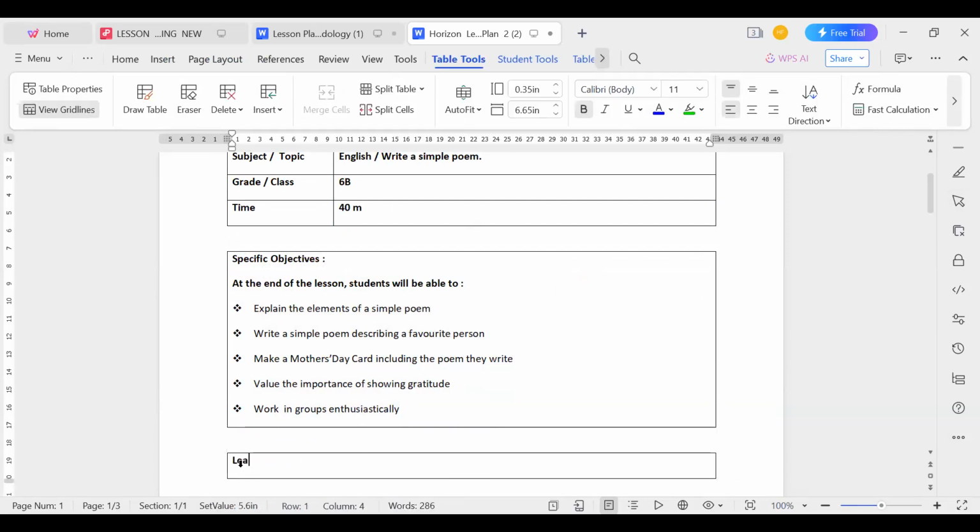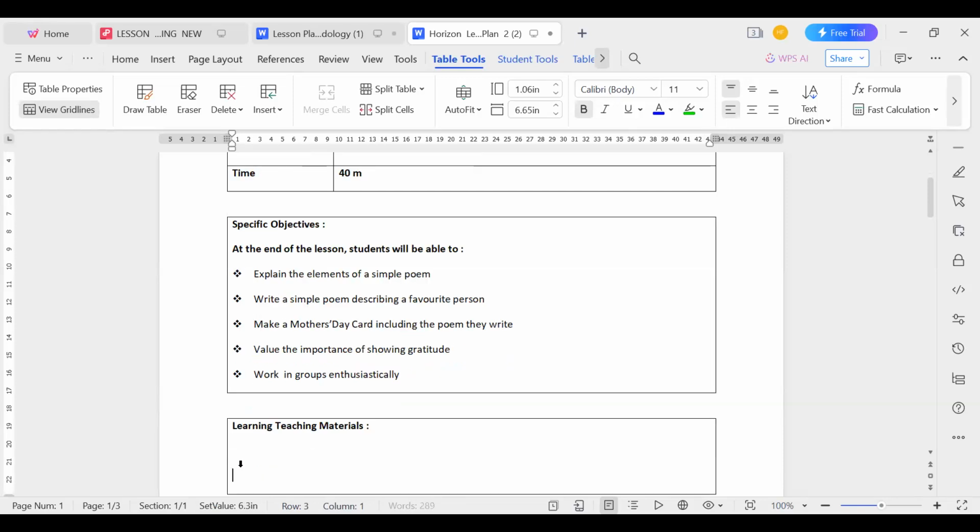Learning, teaching, materials. We will not complete it right now, as I told you. When we are writing the stages of the lesson, the learning teaching process, we will come back and complete it. So we have to keep space for that.